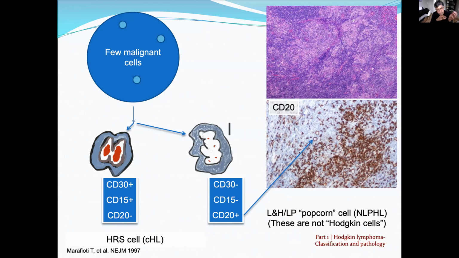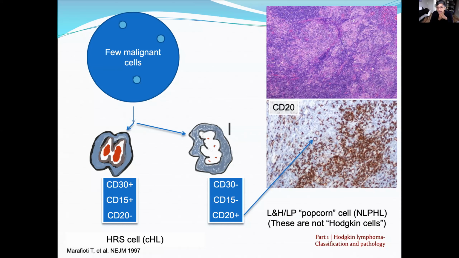And then, if you have nuclei that look like potatoes, with hardly any nucleoli, there are one, two, three, maybe four small nucleoli in a really folded, crinkled nucleus, and it has a phenotype that's the exact opposite of classical Hodgkin, then we are going to call it popcorn cells, or L&H, lymphocytic and histiocytic cells, or LP cells, which stands for lymphocyte predominant.